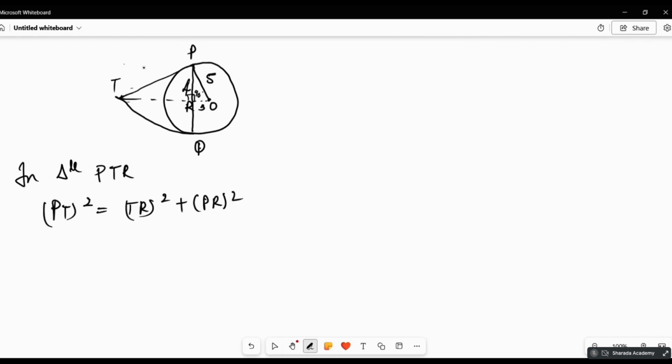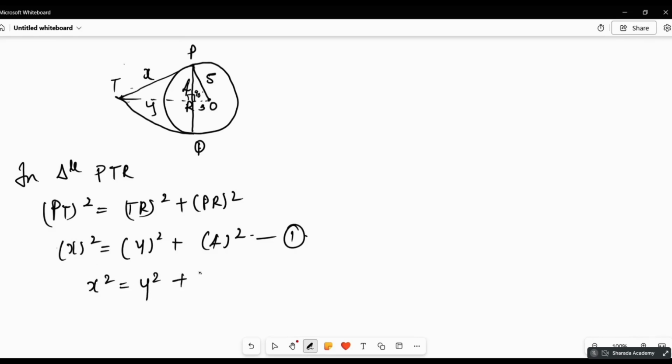We have taken PT as X, and TR we don't know, so we will take it as Y. So PT square is X square, equal to Y square plus 4 square. That is X square is equal to Y square plus 16. So this is equation 1.